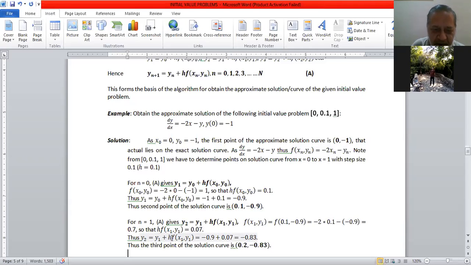So h times f of x1 y1, which came out to be 0.07, we added the value of y1 to it, and the value of y2 came out to be -0.83. So the third point of the solution curve has been obtained. The first x was 0, the second x was 0.1, the third x is 0.2. And y naught was -1, y1 came -0.9, y2 came -0.83.